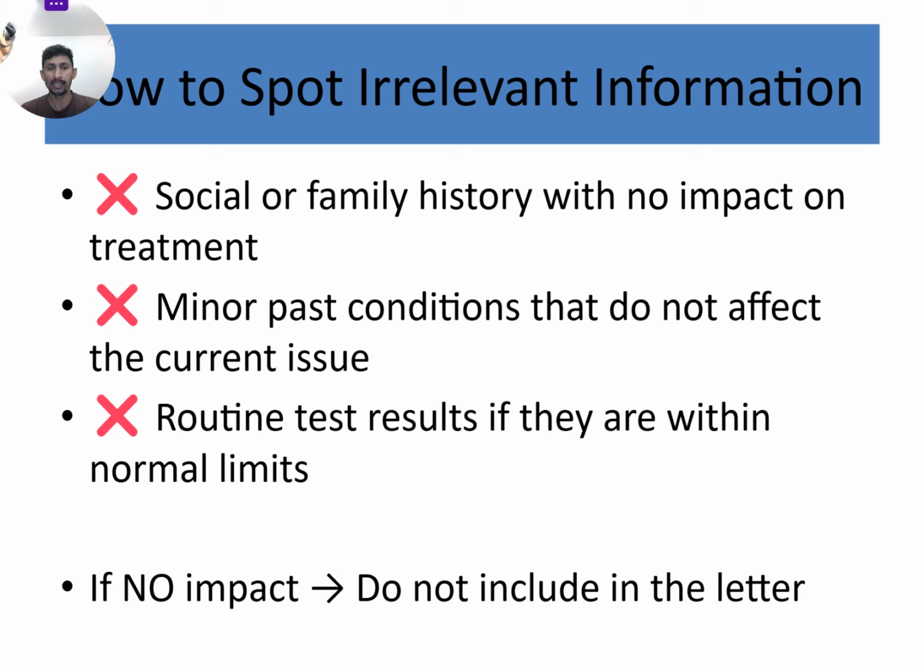Minor past conditions that do not affect the current issue are another thing. And routine test results: some tests are given, but if they are within normal limits, you don't need to include that information in the letter. These we can consider irrelevant information.